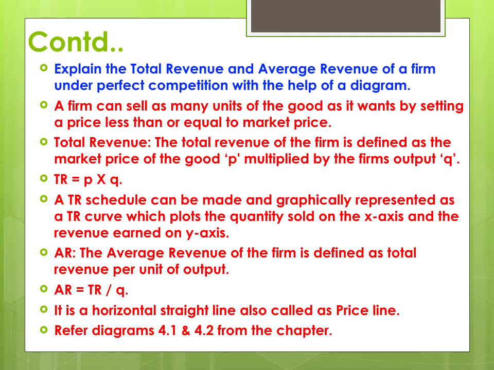The price line also depicts the demand curve facing a firm. This means a firm can sell as many units of the good as it wants to sell at a price P. Refer to diagrams 4.1 and 4.2 from the chapter and use them for your explanation.